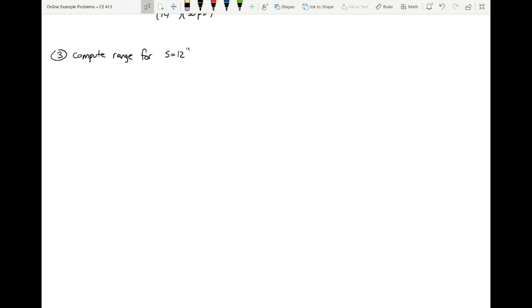And so the way that you do that is you say, okay, if I use S equals 12 inches, what's the capacity? So we start off with Vs. So Vs is Av fyt d over S. So 0.22, 60, 24 over 12.